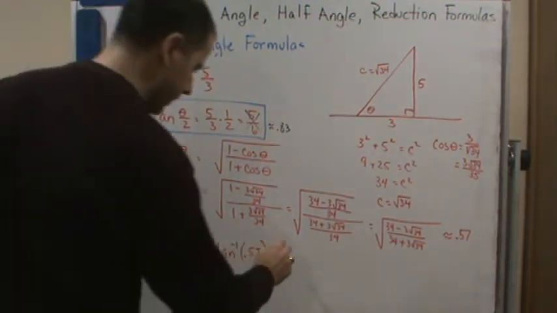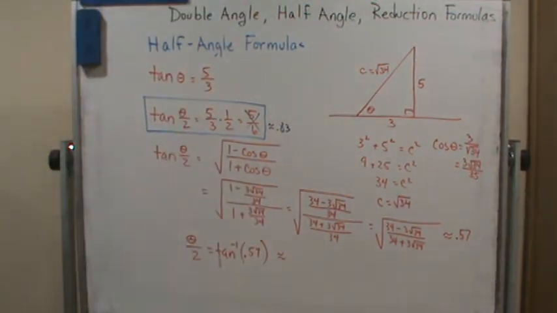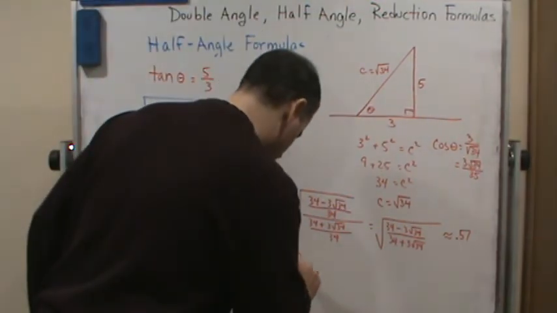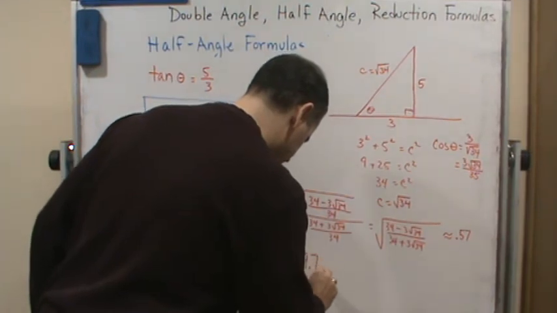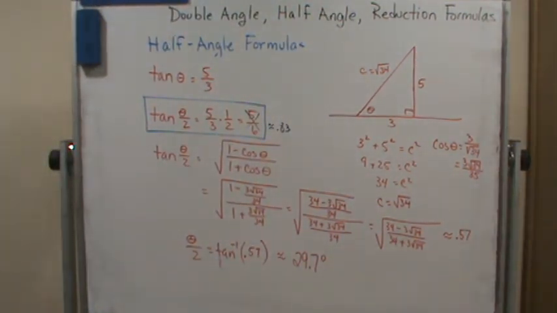And this is approximately equal to 29.7 degrees. Now again, if your calculator's in radians, make sure you do the correct conversion into degrees. So 29.7 degrees, so almost a 30-degree angle.